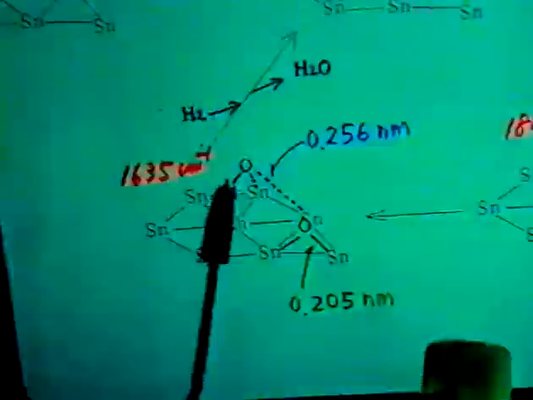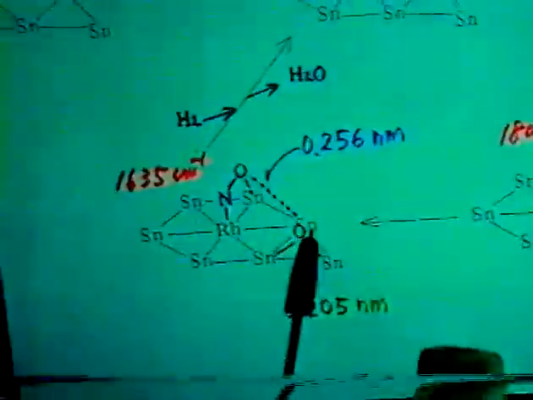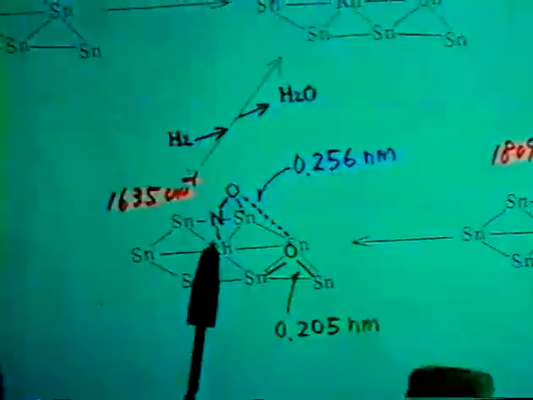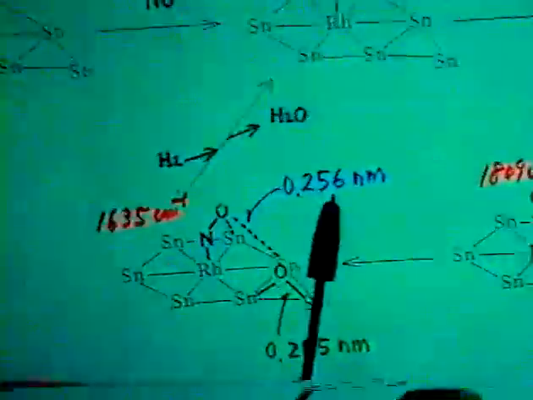In summary, on the rhodium-tin bimetallic surface layers, NO molecularly adsorbs, showing 1809 reciprocal centimeters at low temperature. Observable at low temperature, at 200 K, or of course under reaction conditions at 373 Kelvin, the NO molecule instantaneously dissociates to nitrogen atoms and oxygen atoms.